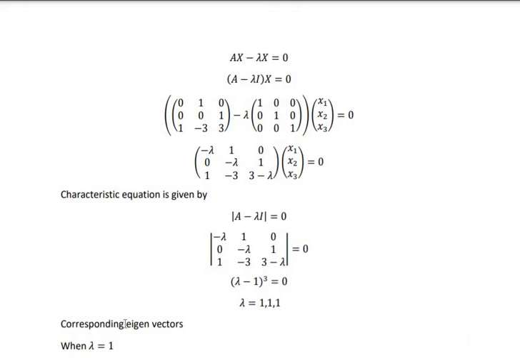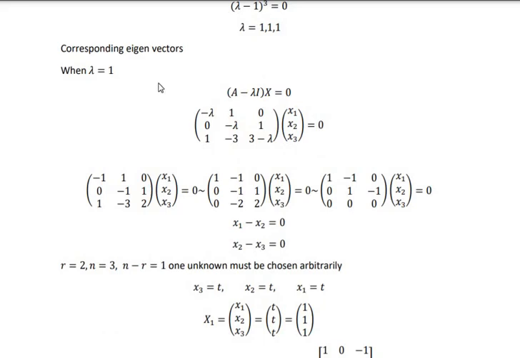Now we can find the corresponding eigenvectors. In the last problem the eigenvalues were different, but here they are the same. So lambda is equal to 1, 1, 1. When lambda is equal to 1, (A minus lambda I) into x will be equal to 0.